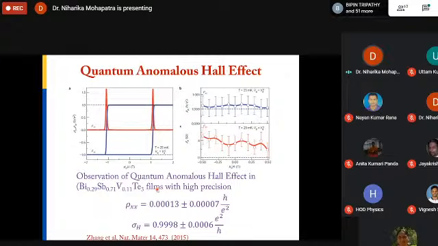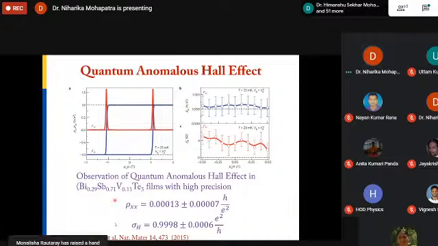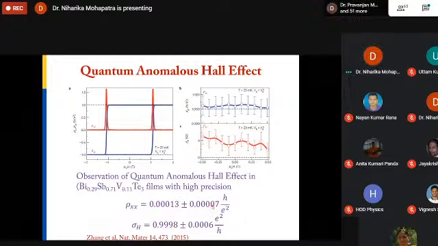So very recently, it was shown that if you have a very clean sample without any disorder, you can get rho h nearly e square by h, whereas rho xx is close to 0, except the spikes where you see steps in the rho h. So this rho h is very close to e square by h. It's close to 1 basically.